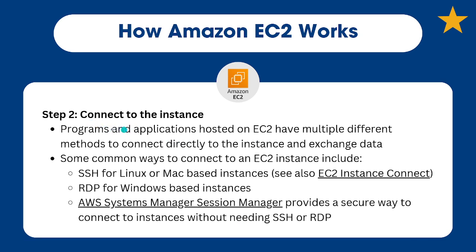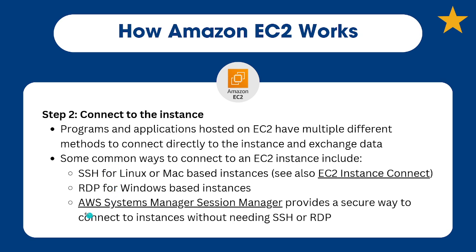So connect to the instance. That's step 2. Once you've done your configurations, you're ready to host your application on the EC2 instance. If you want to actually connect to it, you can use SSH. You can use RDP for Windows-based instances. You don't have to know what these are. These are just different connection methods so that you plug into that remote virtual server.